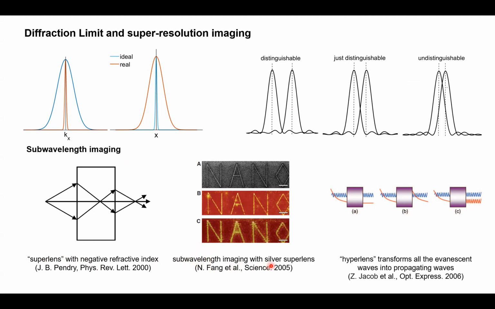Based on this, someone proposed a hyperlens that can transform all the evanescent waves into propagating waves. So this is subwavelength imaging to overcome the diffraction limit.